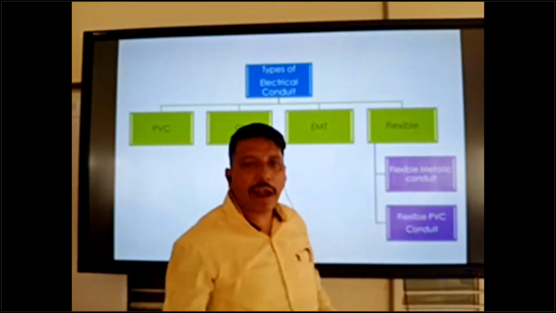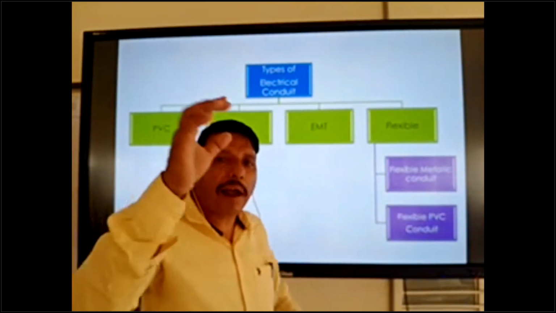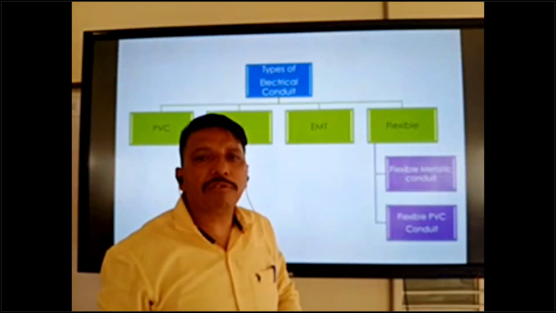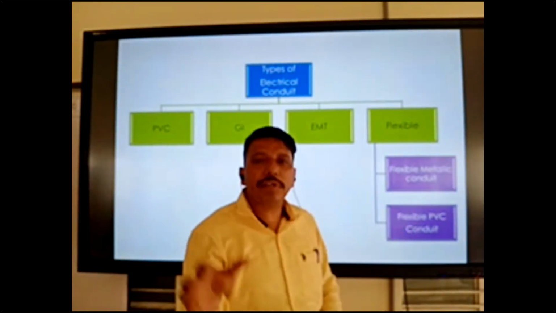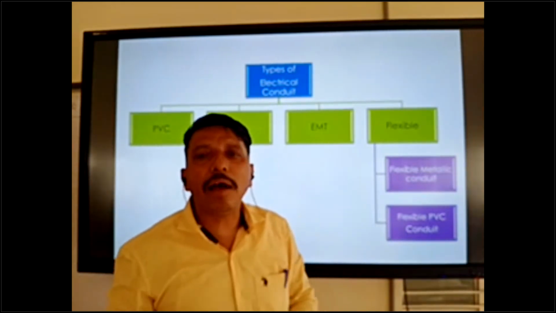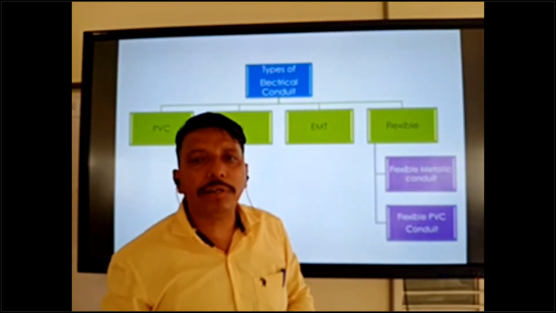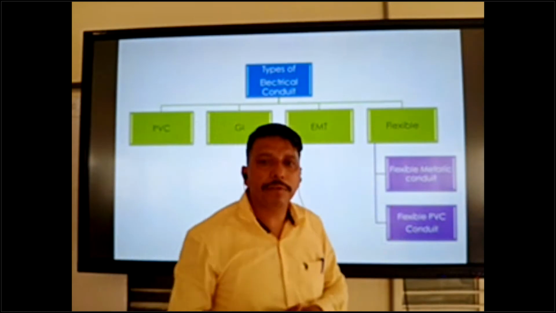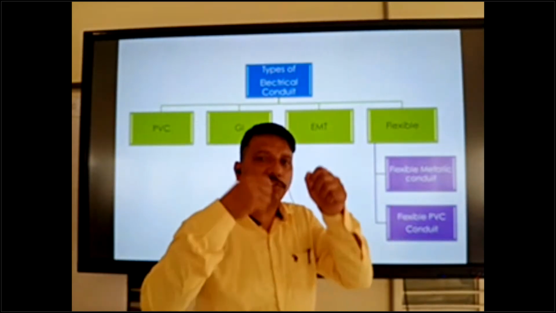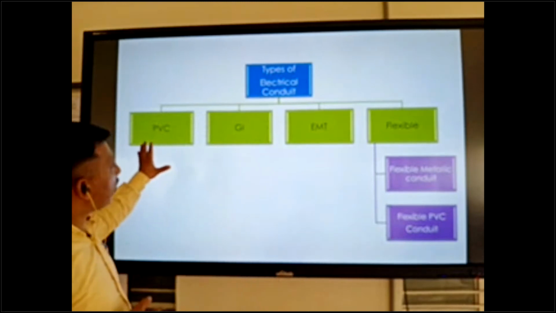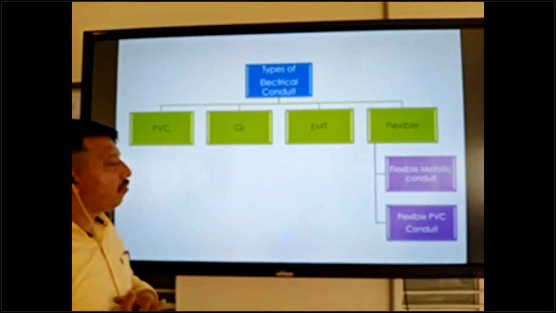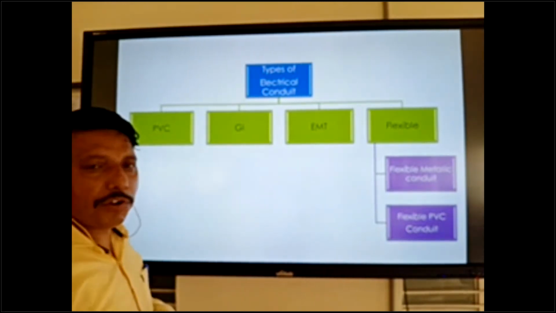Flexible metallic conduit has metal parts inside and PVC insulation outside. But the PVC type has no metal parts inside, it is made only of PVC. Okay, but this is flexible, so we can take the knowledge of this.